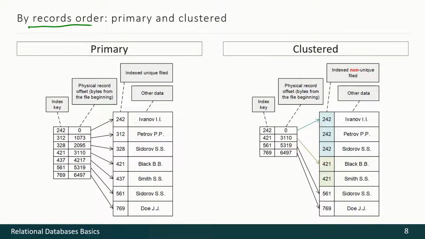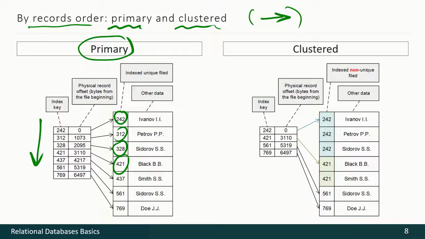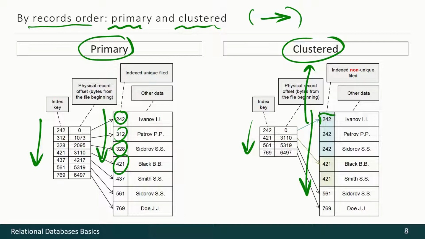By records order, indexes may be primary, clustered and non-clustered. Those will be in a couple of seconds. A primary index is a unique index, so no duplications here, and in such an index the index order is the same as data order. In a clustered index, the index order is the same as data order, but a clustered index usually allows duplications of data.